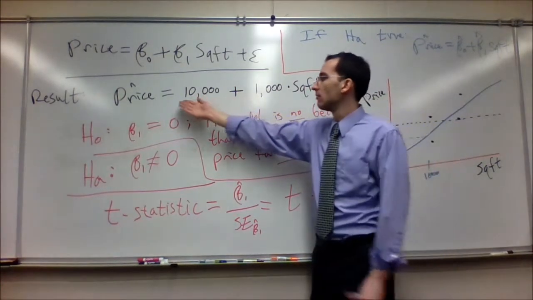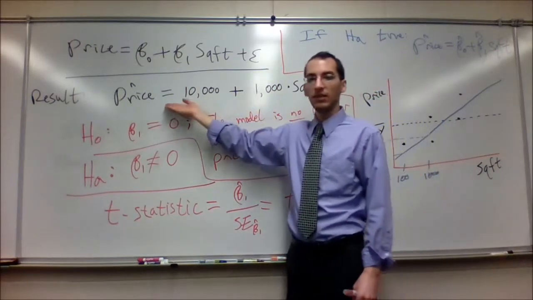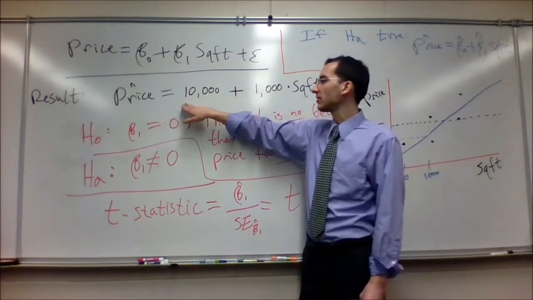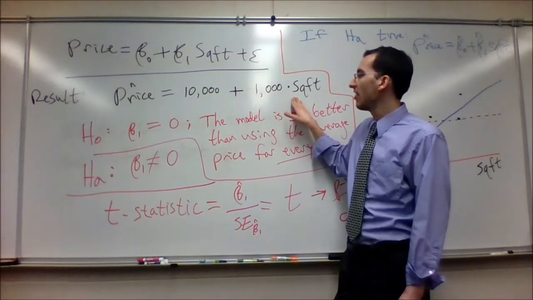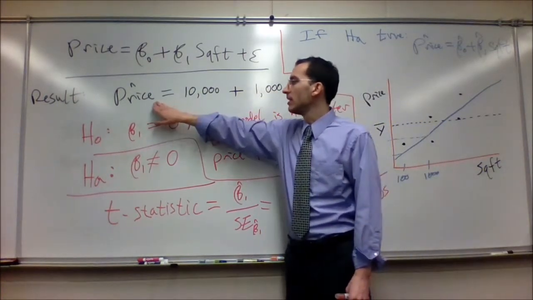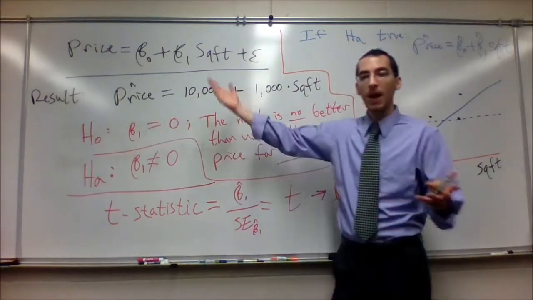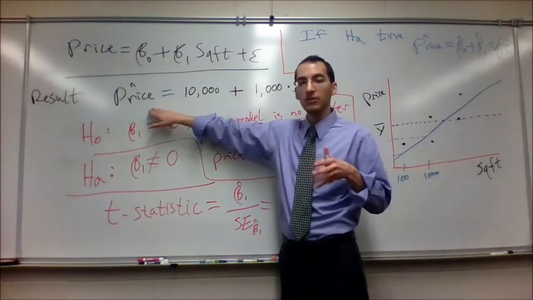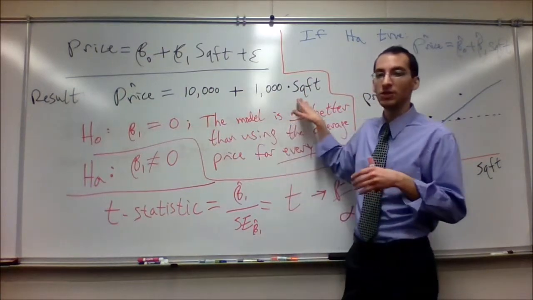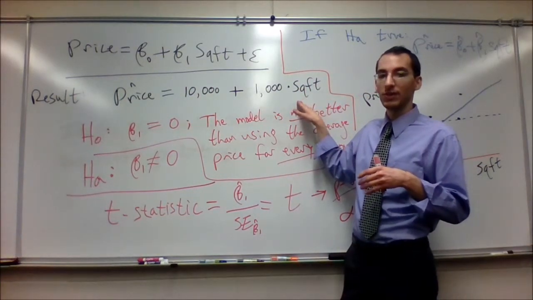So if this model here were statistically significant, price equals 10,000 plus 1,000 times square feet, then I know that the mean housing price in my population is supposed to change with changes in square feet.